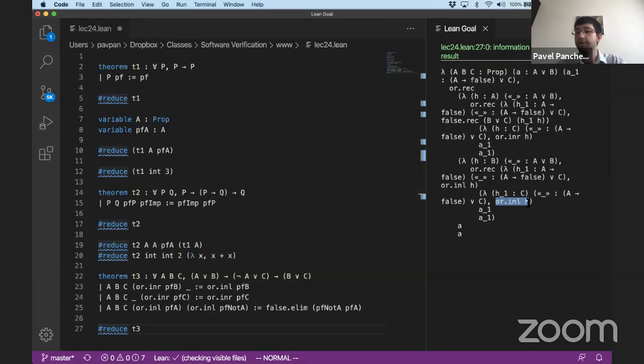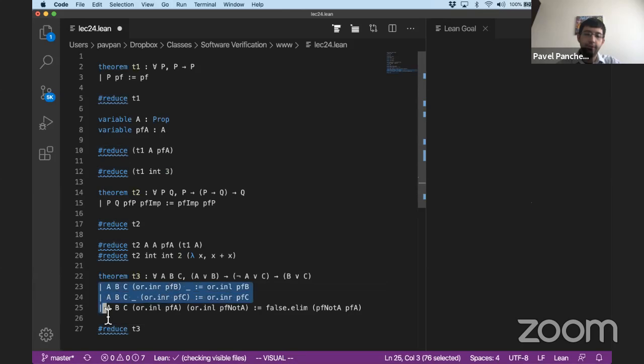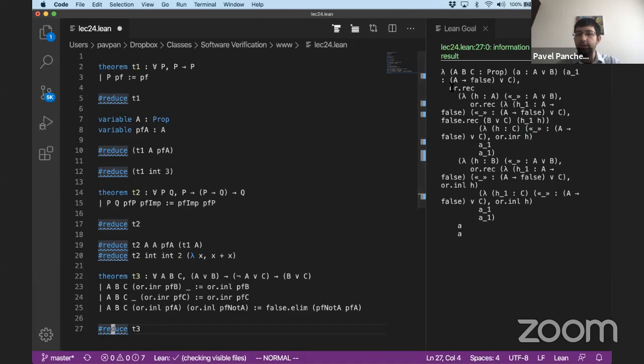So you can see that what's actually going on, when we write this stuff with pipes, is that Lean is constructing proof terms that look exactly like what we've discussed, just with a slightly different choice of words. So it calls it or.rec instead of cases. It calls it false.rec.